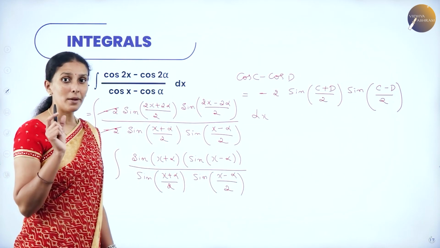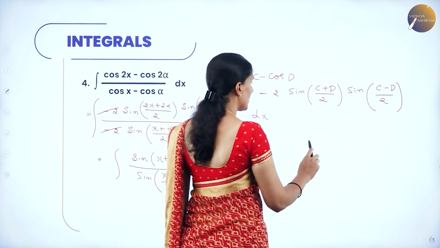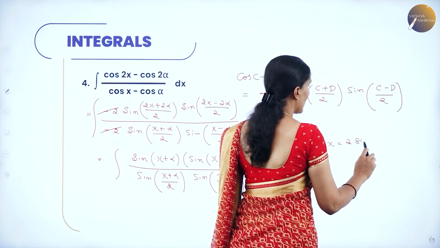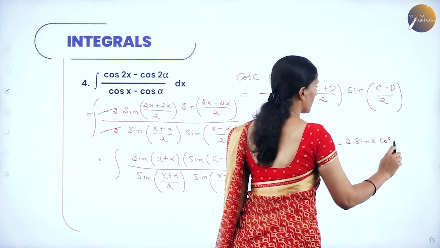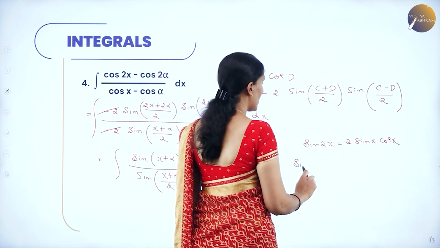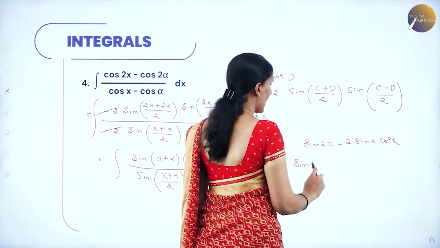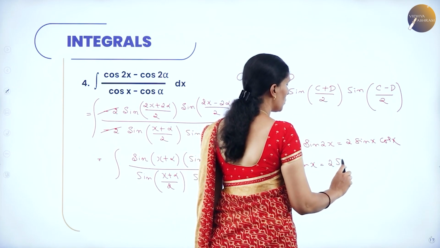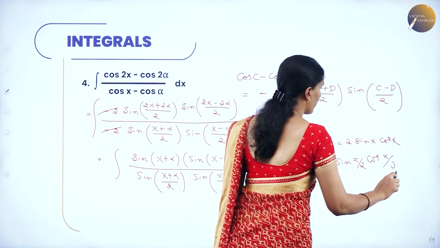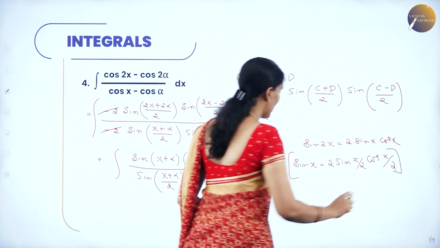So we also know the multiple angle formula, that is sin 2x can be written as 2 sin x cos x. So if you write this in half angle formula, that is half of this angle, sin x can be written as 2 sin x by 2 cos x by 2. So use the same formula here also.